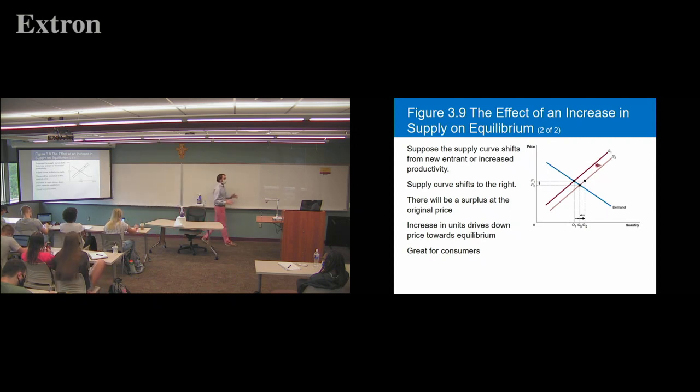So now an increase in the supply of goods, a shift in the supply curve to the right, is great for consumers. They end up with more goods than before and at a lower price. Another example of this is the improvements in technology since the 1980s.